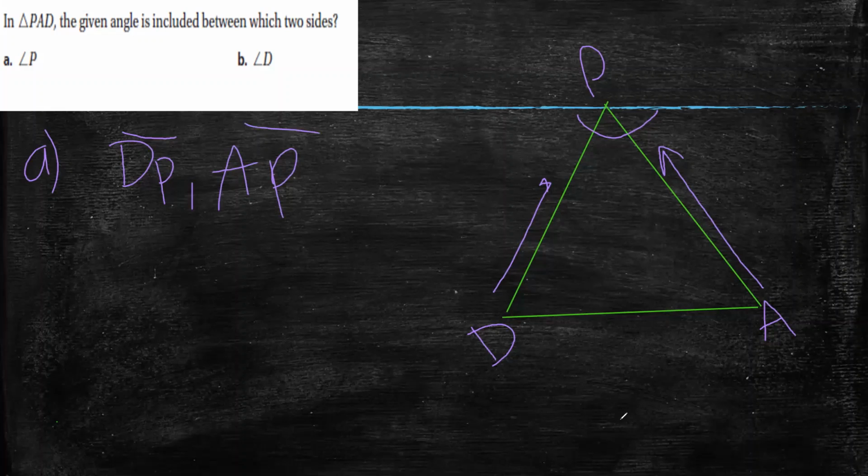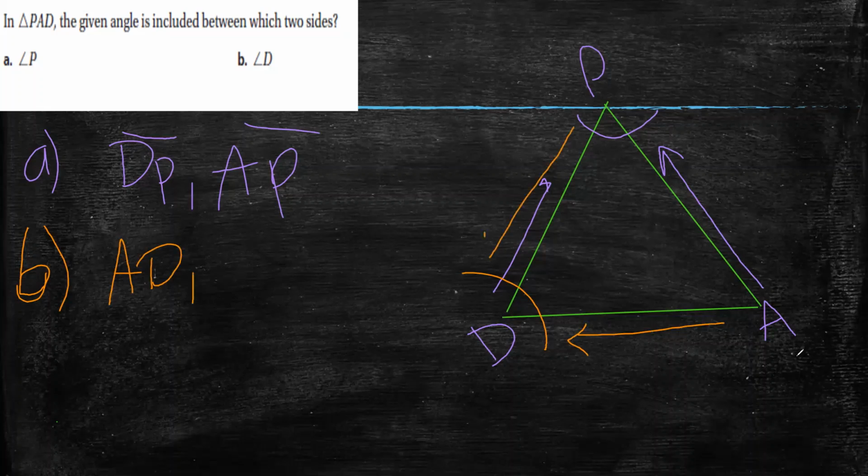What about angle D? Angle D is included between AD and PD. Now, someone may say, teacher, if I write DA? Yes, if you write DA, but be careful, you have to write now DP. You are going from right to left, so here also from right to left. So if you write DA, you have to say that angle D is included between DA and DP.